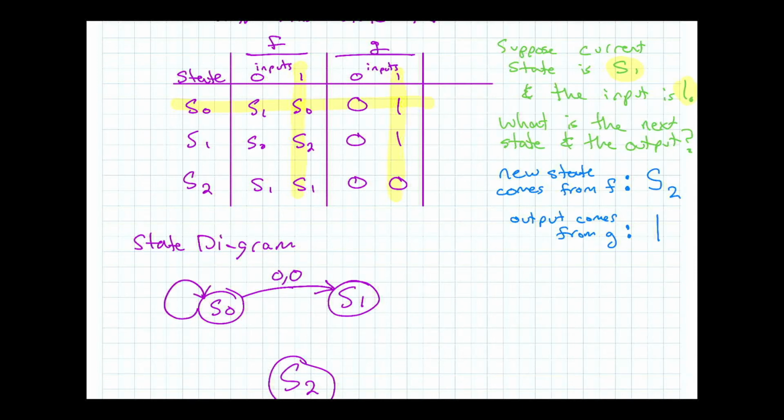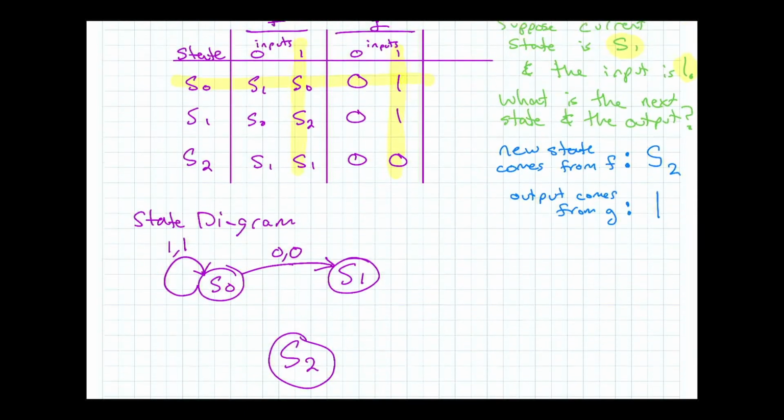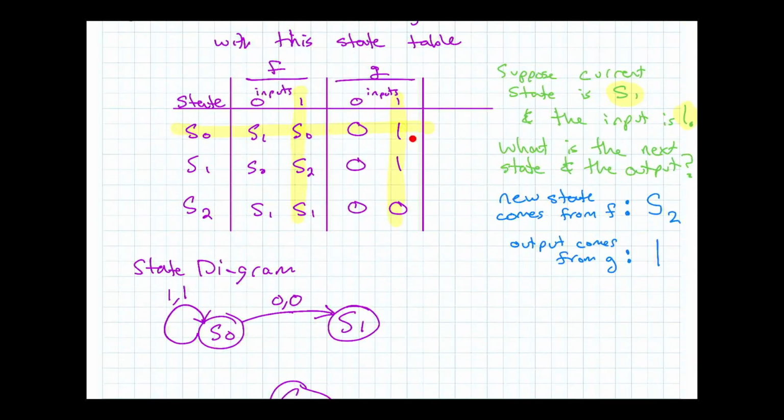The input that does it is a 1, so the number on top is a 1, and the output here is also a 1. That takes care of this whole row. With 2 inputs, you have 2 arrows: this is the input of 0, and this is the input of 1. The first number on the list is the input. Now we have more to do.